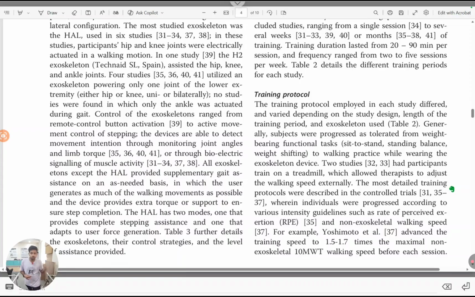The HAL has 2 modes, one that provides complete stepping assistance and one that adapts to user force generation. Table 3 further details the exoskeletons, their control strategies, and the level of assistance provided.